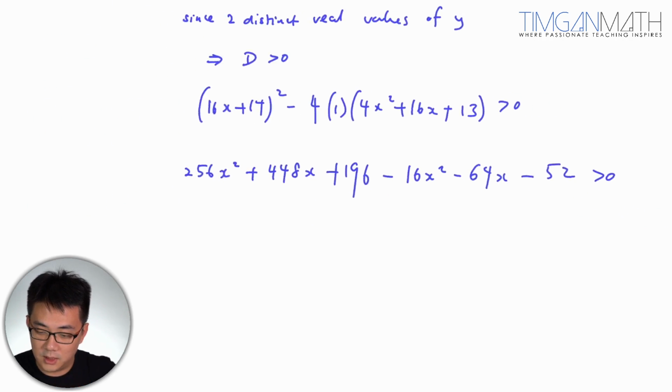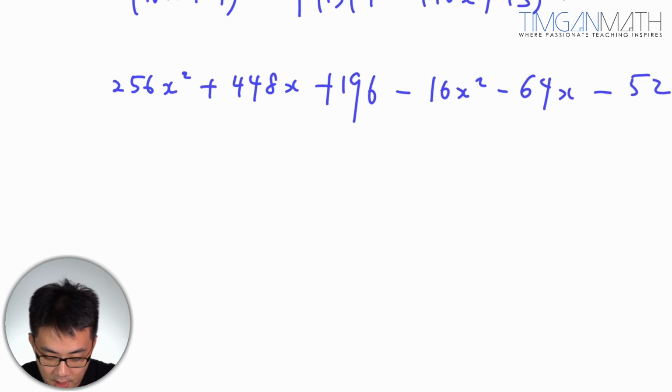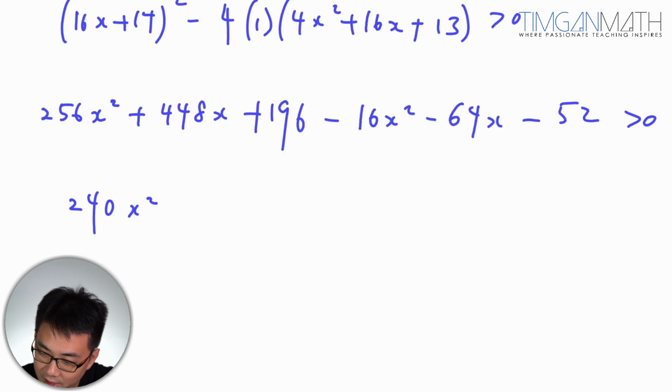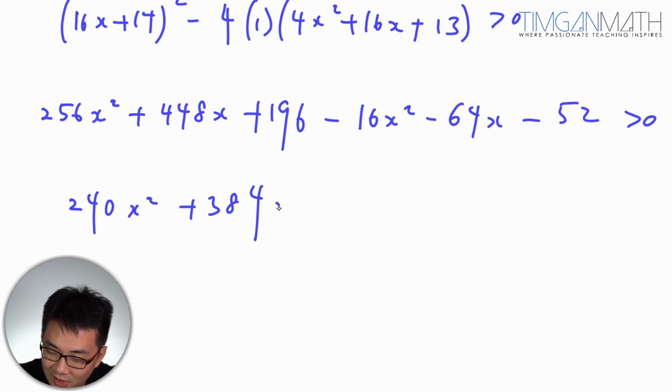Okay, the good thing about this is that it's a show question, so I would know whether I have a careless mistake after this. So I'm not too concerned about it now. 196 minus 52. Well, of course, we try and minimize the error here.